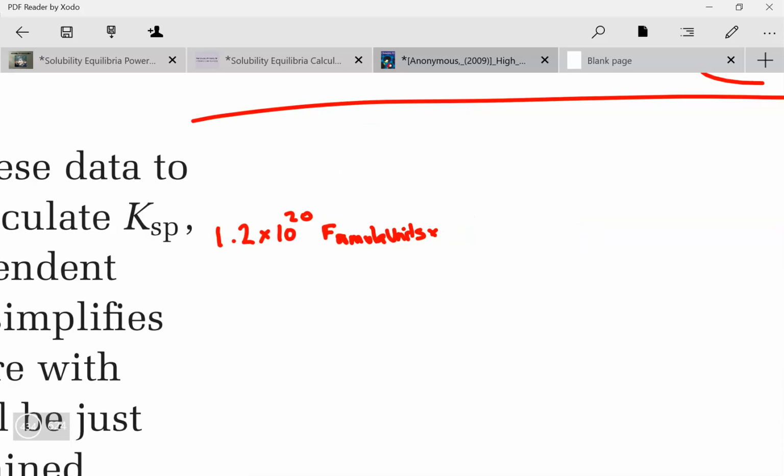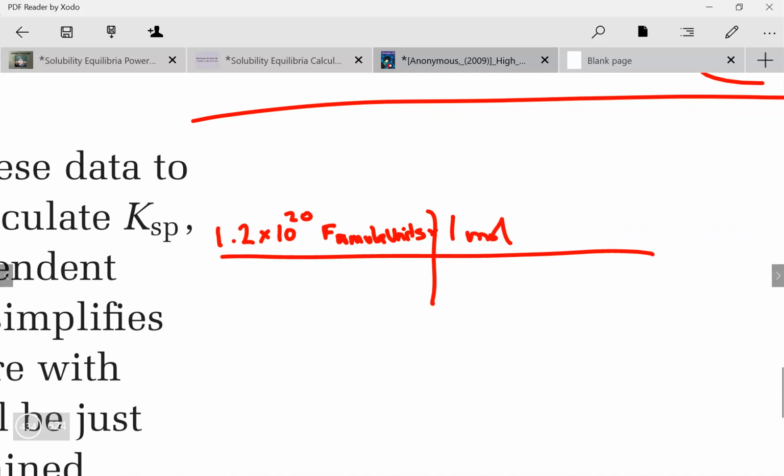So we know from our table we're trying to get to mole per liter, right? So we want mole on top, and we have 6.022 times 10 to the power 23 formula units in 1 mole.